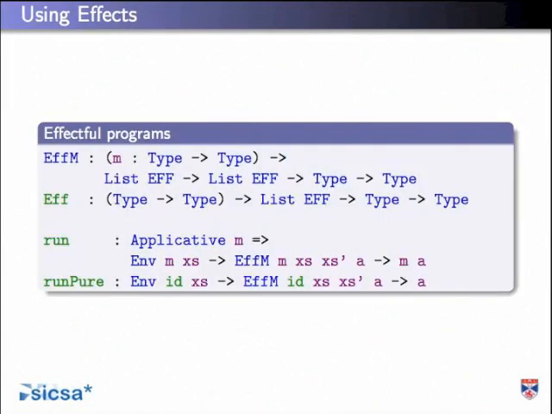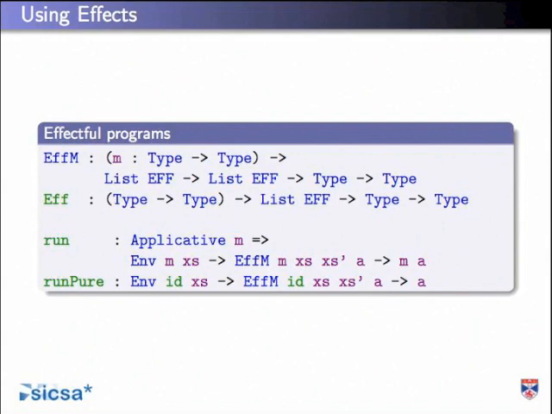Right, so first let's have a look at what the types of effectful programs are. Now, these types look a little bit more scary than they actually are. So if we zoom in a bit on the details, you'll hopefully understand what's going on. So this M here, every effectful program ultimately has to get translated into a thing that's going to run.